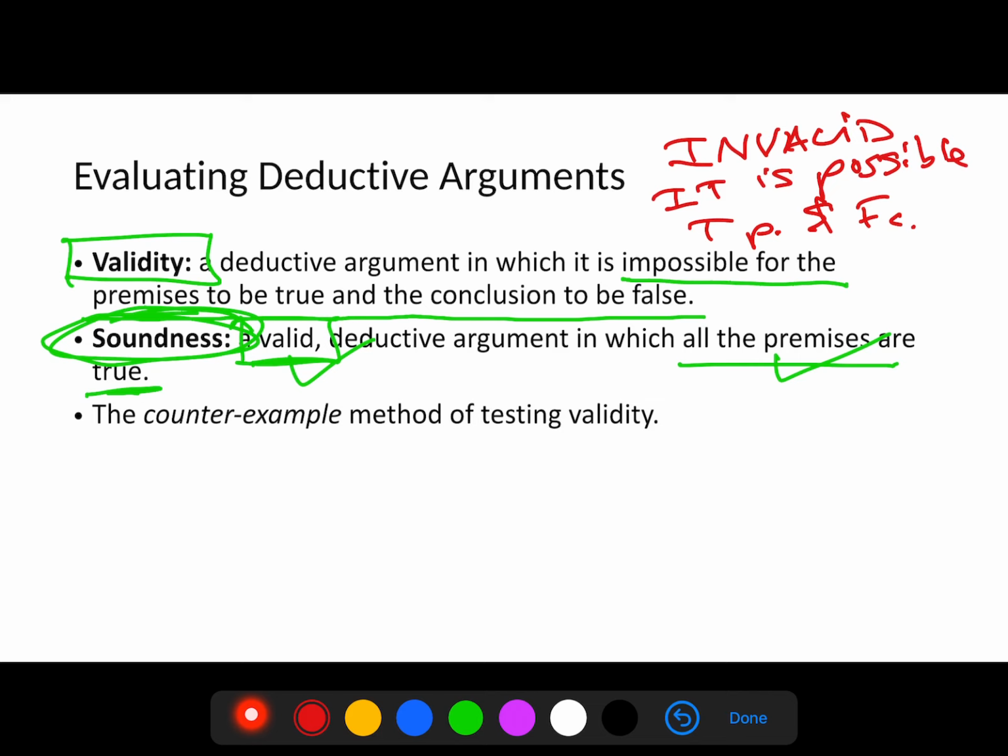So again, what we're looking for are sound arguments, but the first test for determining the soundness of an argument is to consider the validity of the argument. And so here's where the counterexample method comes in.